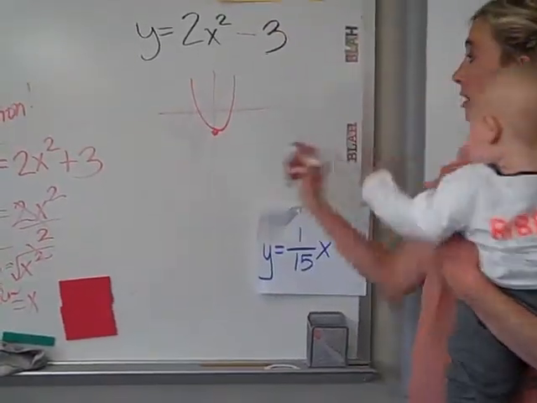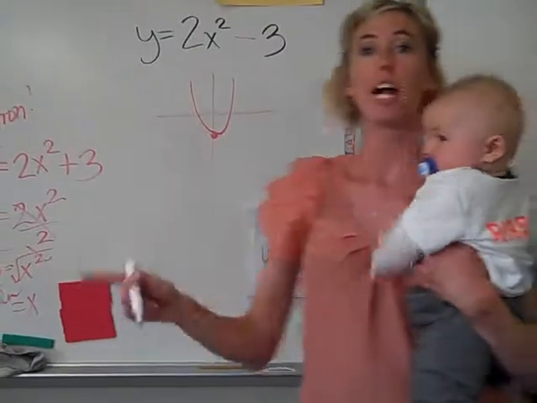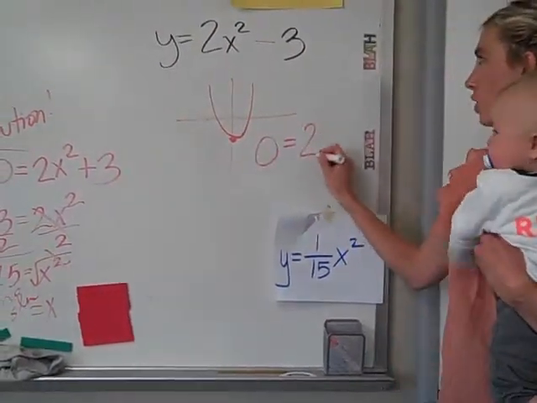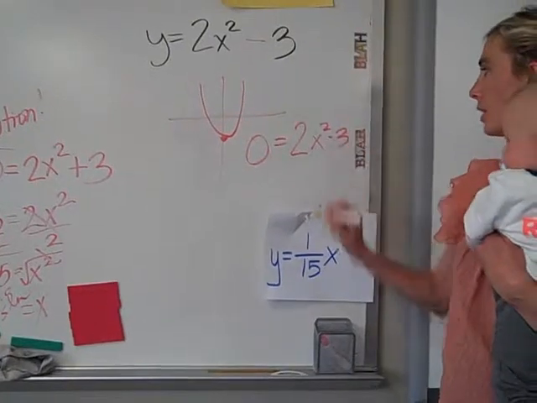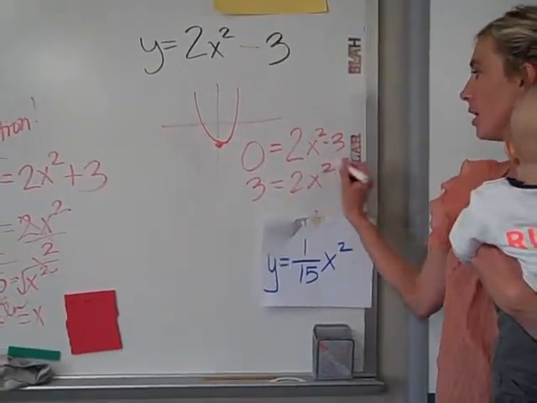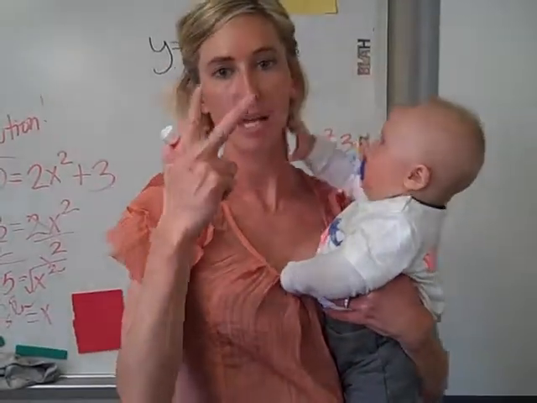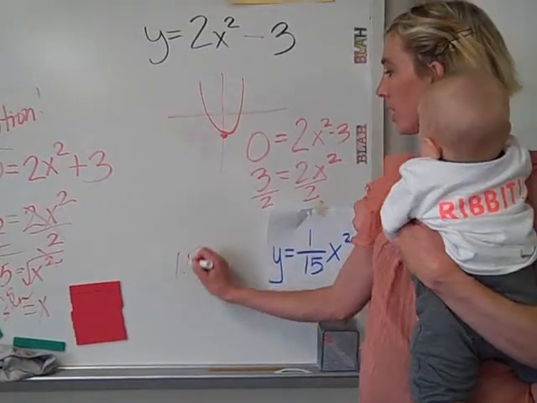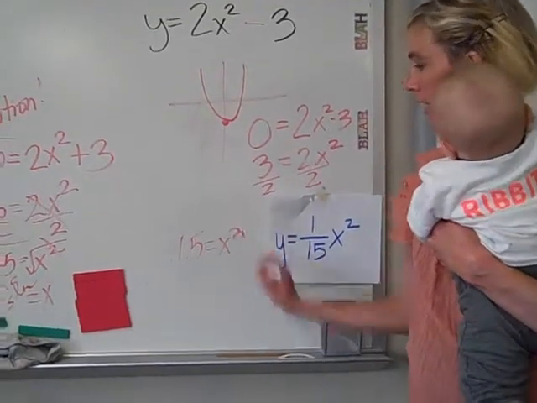So how do I get those and prove what they are? By square roots. So our last thing, 0 equals 2x squared minus 3. I'm going to add 3. And then to get rid of the 2, I'm going to divide by 2. And I will get 1.5 equals x squared.